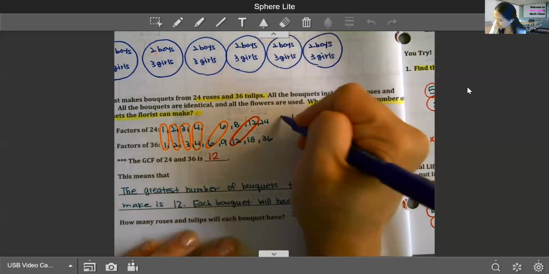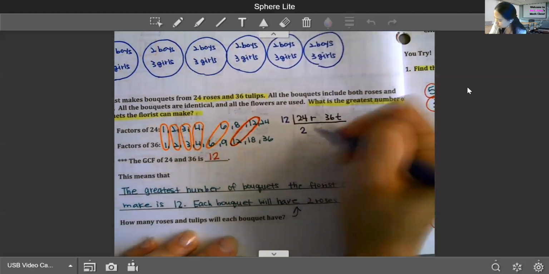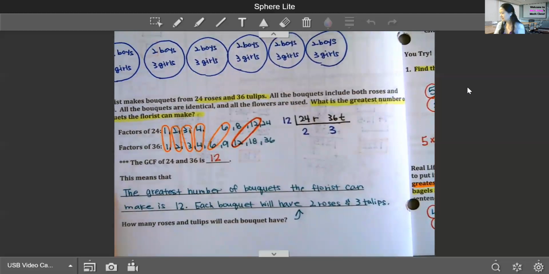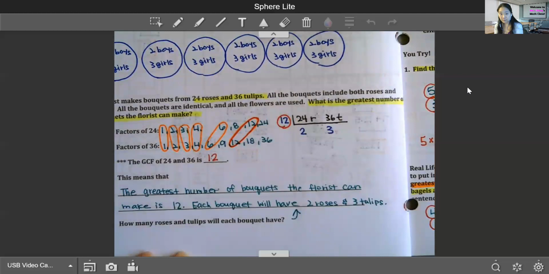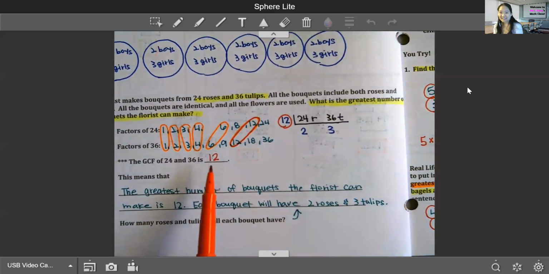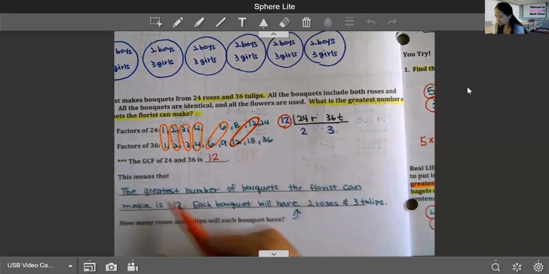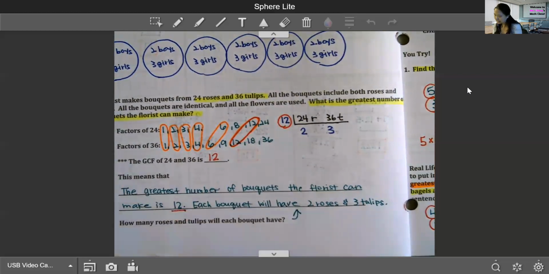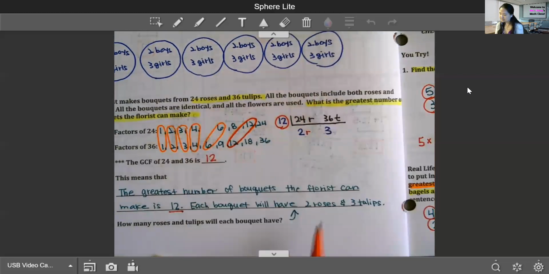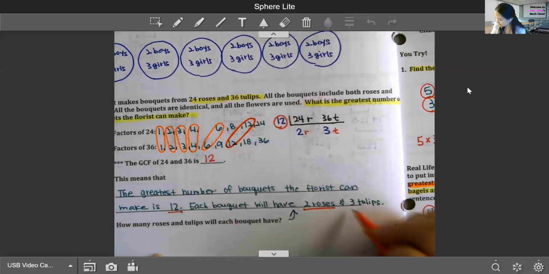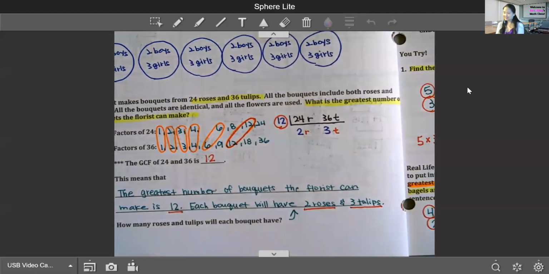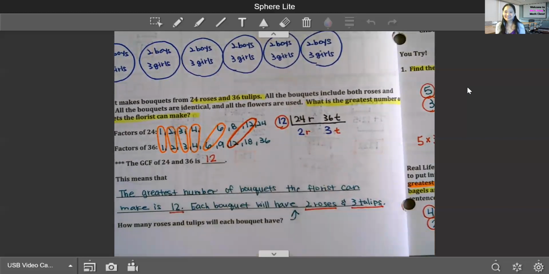I'm going to divide by 12 because then I know that I'll get 2 and 3. I'm done. So my greatest common factor is 12, which is the same answer I got here. The greatest number of bouquets a florist can make is 12. Now look, each bouquet will have 2 roses and 3 tulips. They're right here.